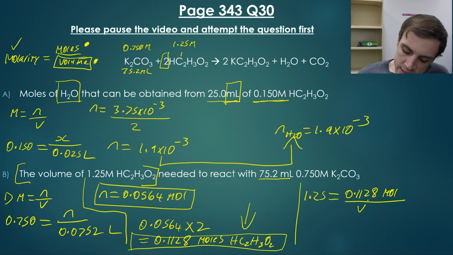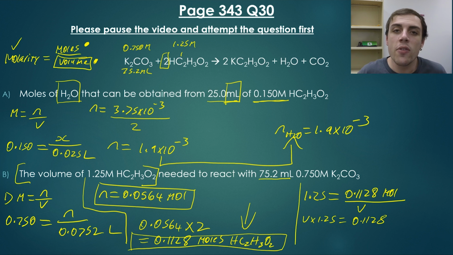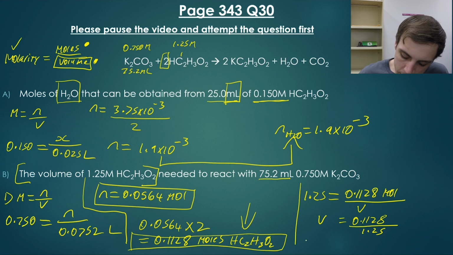The operation is a divide, so if we move this over, it turns to a times, and when we move our 1.25 over so that we have the volume isolated, that turns into a divide. And that means that our total volume is equal to 90.2 milliliters.